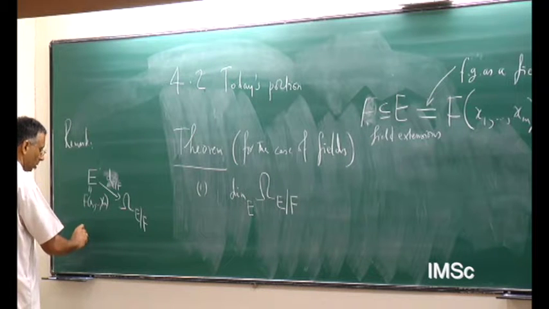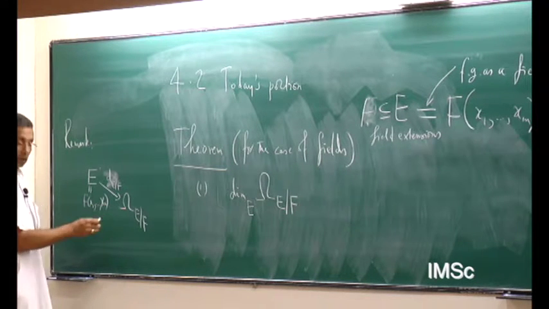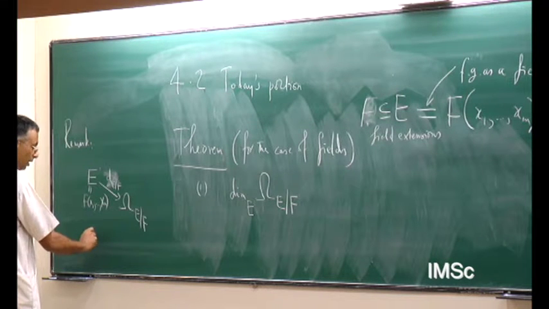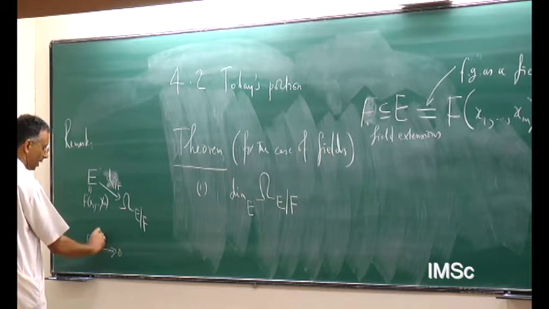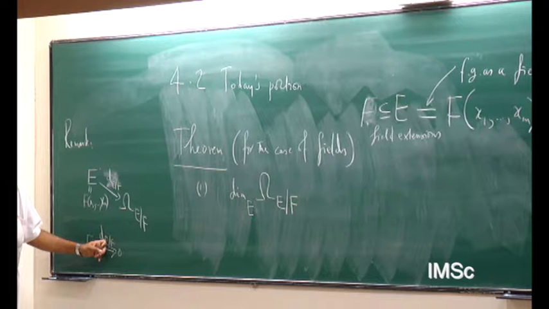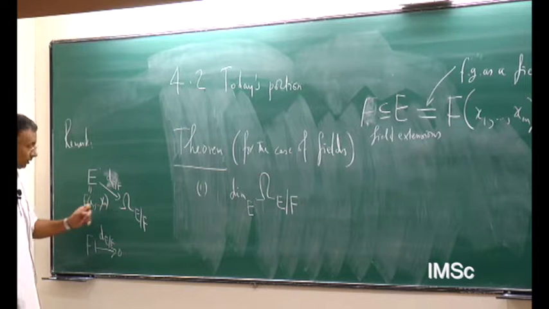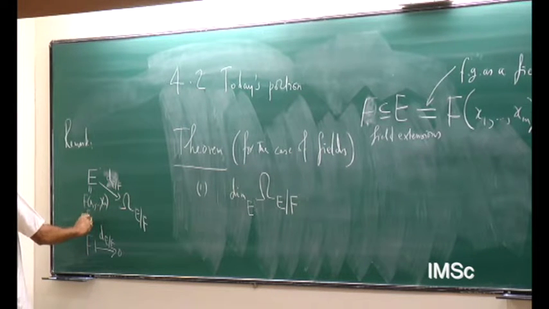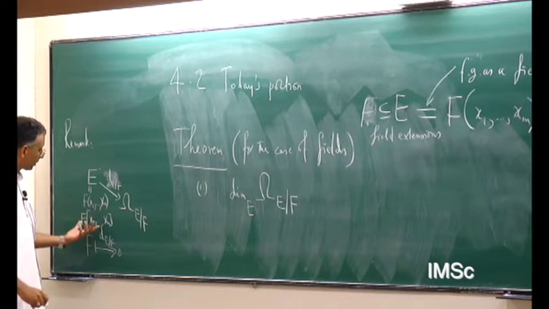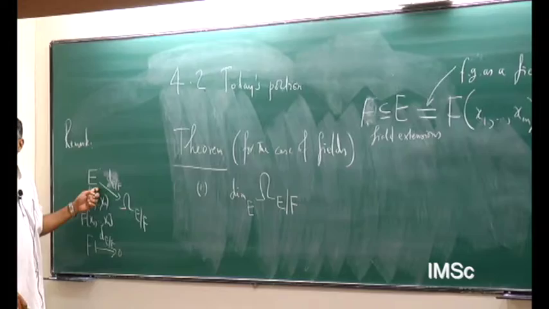Now, f of course goes to 0, right? So f maps to 0 under D. Now I claim that this is determined by, so if I restrict it to, say, these elements, which may or may not be algebraic, this is the ring generated by x1 through xm inside this field.